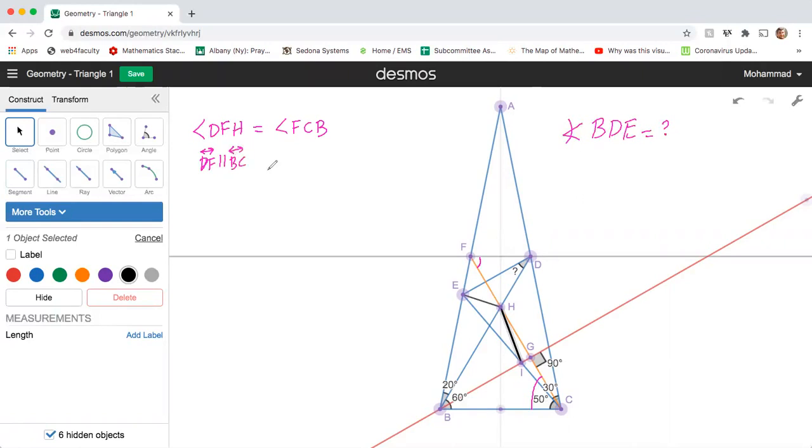And so by the alternate interior angles theorem, this angle would equal this angle. And moreover, by the same logic, this angle is congruent to this angle. Well, this angle is 60 degrees. And so FDH is 60 degrees.